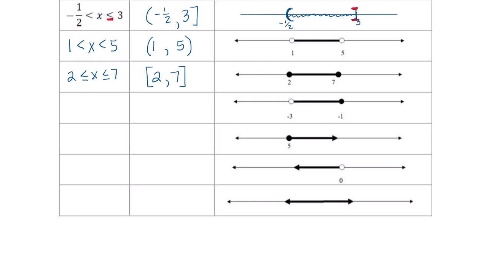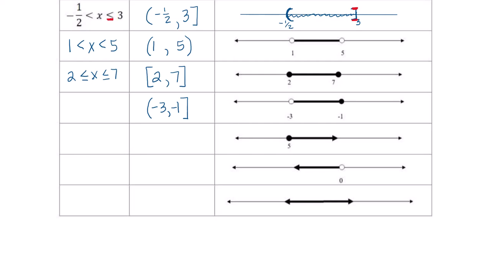Next set is from -3 to -1. My leftmost number is -3, the rightmost number is -1, and I'm not including the -3, but I will include the -1. So a parenthesis on -3 and a square bracket on -1.